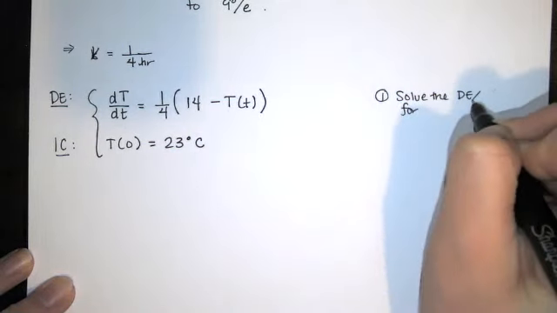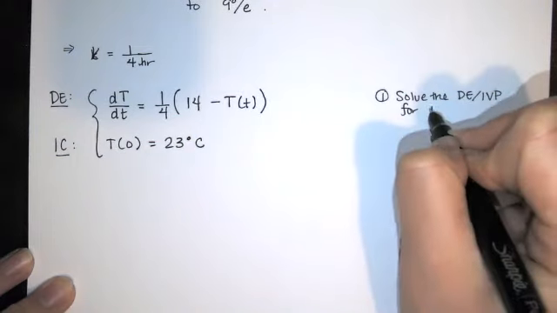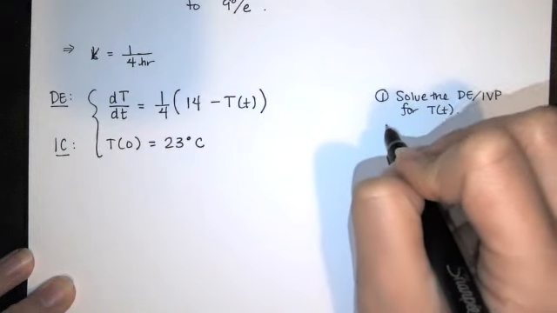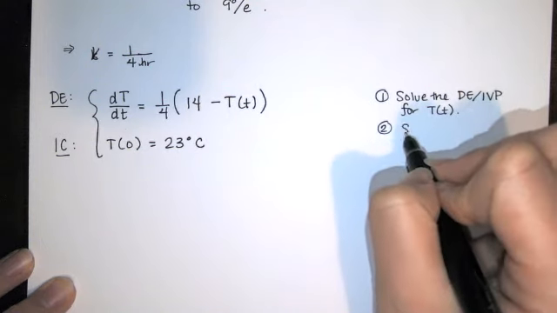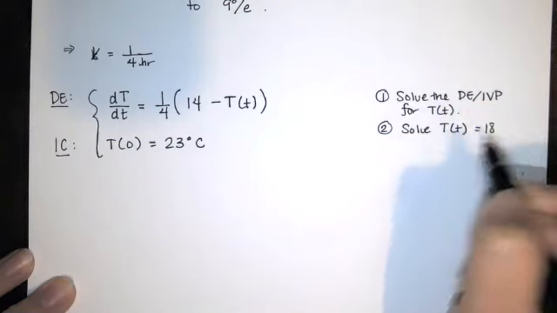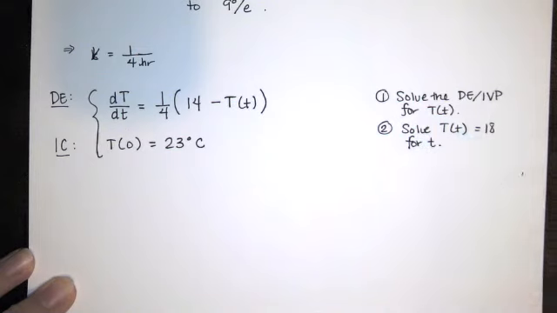So we're going to solve the initial value problem, the differential equation and initial value problem, to find temperature as a function of time. And then if we want to know when the temperature inside the building will reach 18 degrees, then we're just going to set the temperature equal to 18. And we'll solve for T, the time, the number of hours it takes.